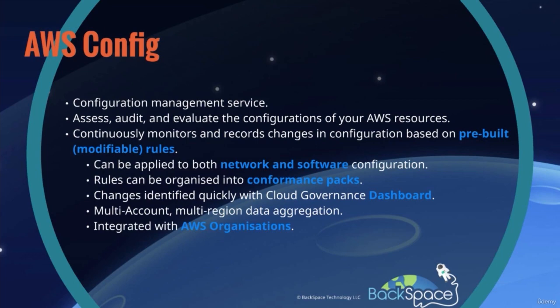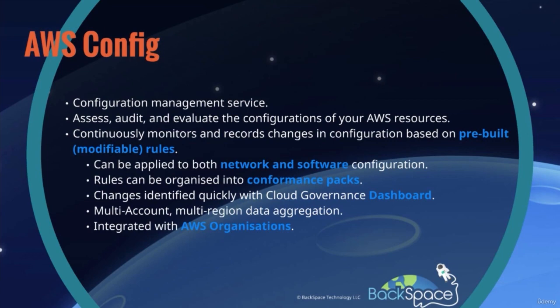It's a configuration management service running on AWS, and allows you to assess, audit, and evaluate the configurations of your AWS resources. It achieves this by continuously monitoring and recording any changes in your configuration on AWS based on pre-built rules. Now, those rules are supplied by AWS, but you can modify those to suit you as well.